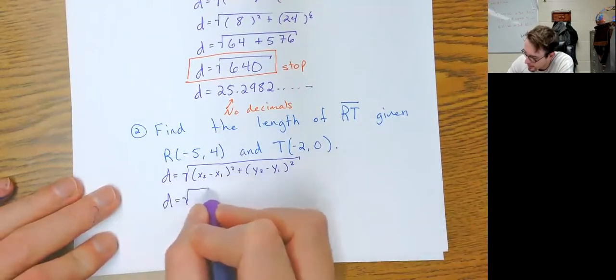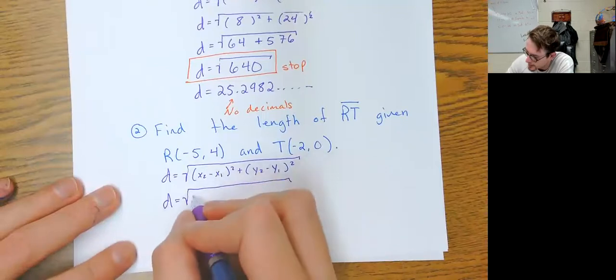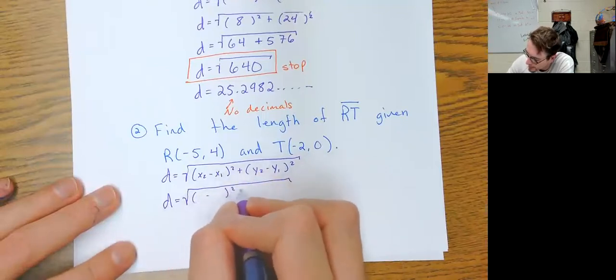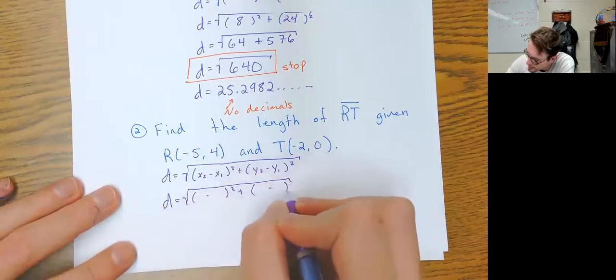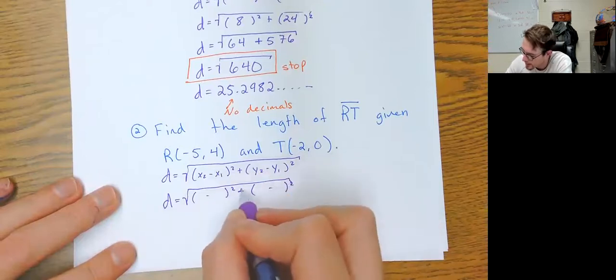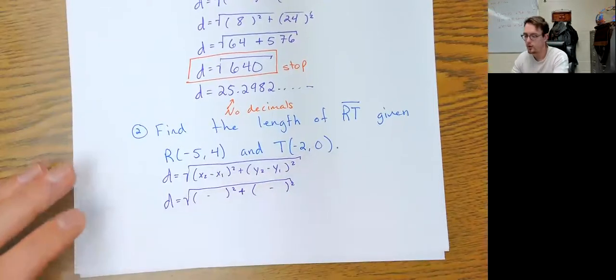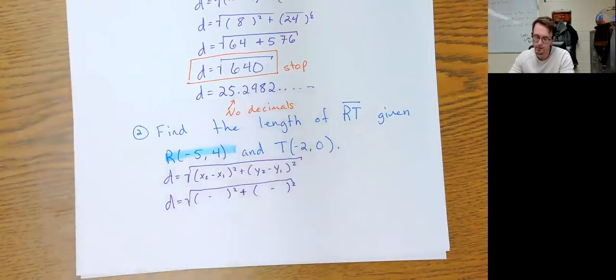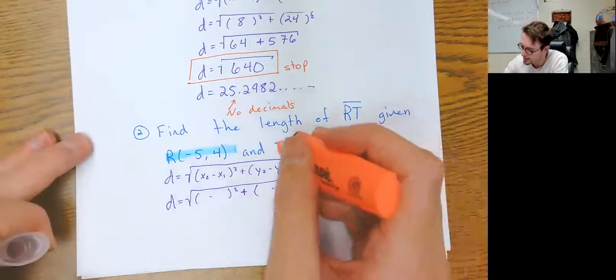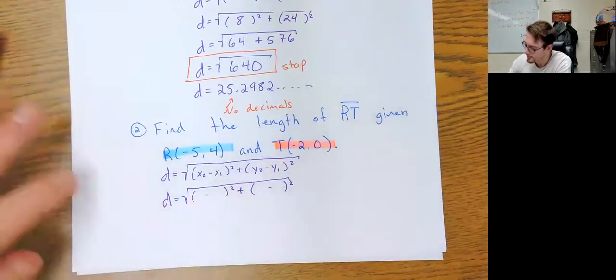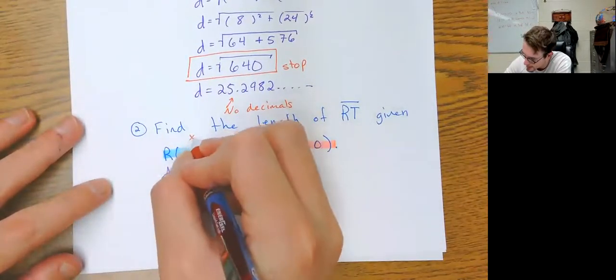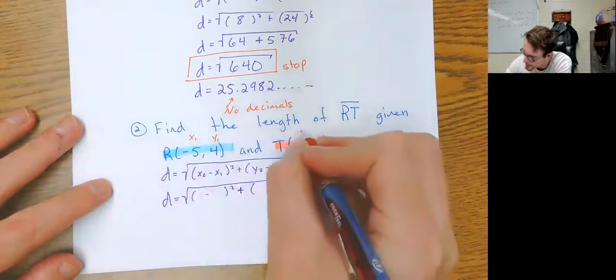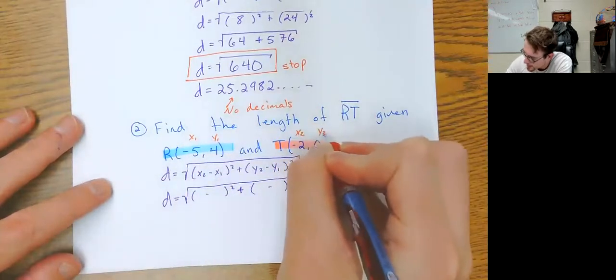A lot of writing of formulas, right? So we get our minus squared plus minus squared. I'm going to identify this as my x1, y1, and this is my x2, y2.